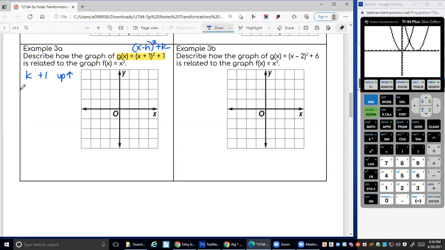And this part right here where we're talking about H, this is x plus 1. It's the opposite of what we think it would go, so it's going to go to the left. And again, the unit inside of there is 1, so we're going to go to the left by 1. So I'm going to put by 1, and I'm going to put by 1.